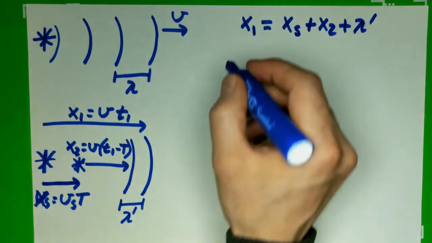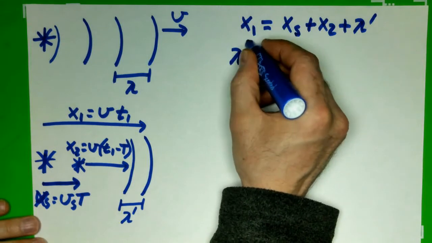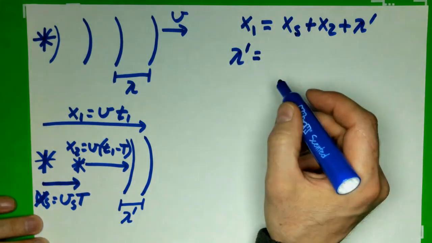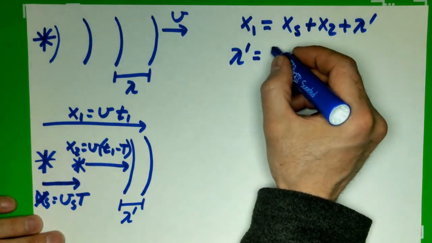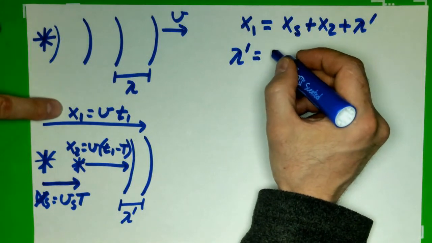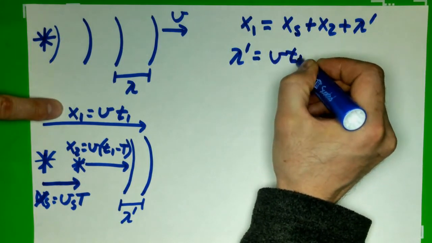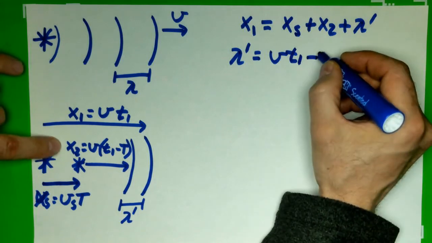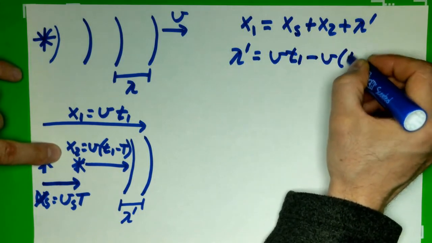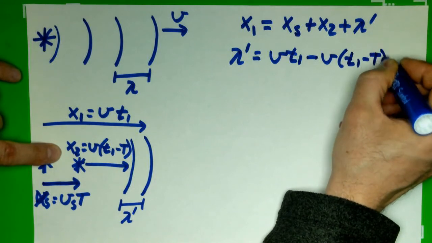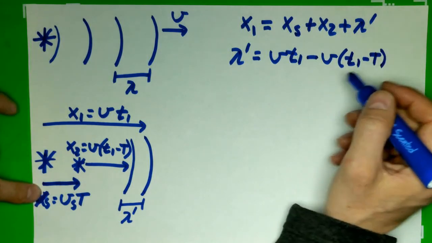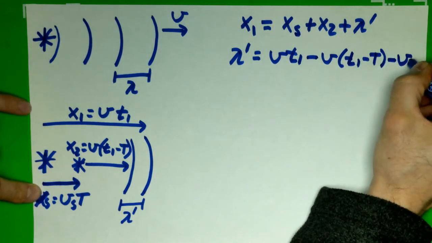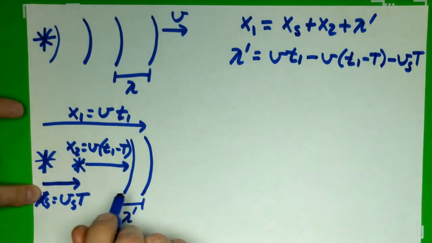And then solving for lambda prime, we get lambda prime equals x1, which is v times t1, minus x2, which is v times t1 minus the period, minus xs, which is vs times the period.